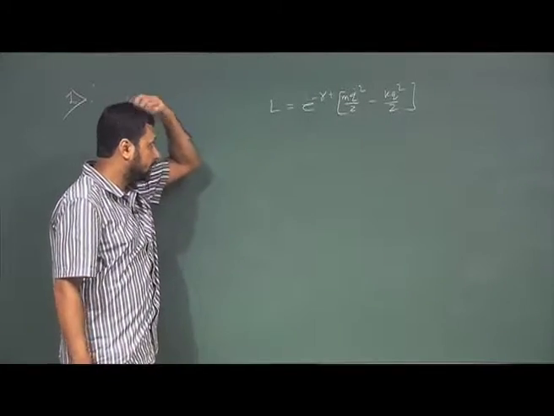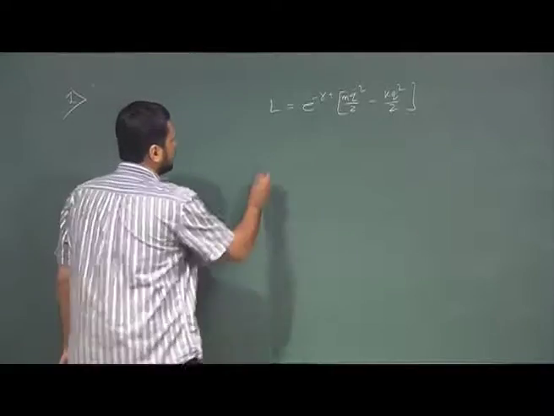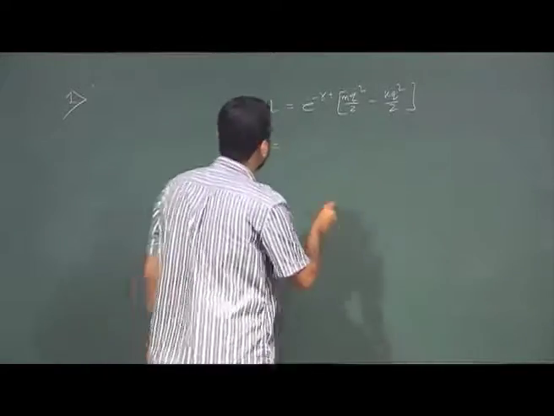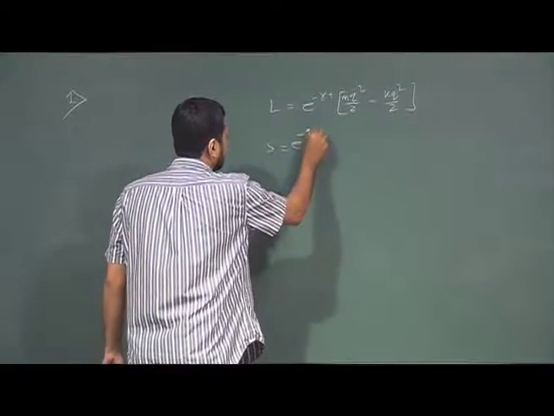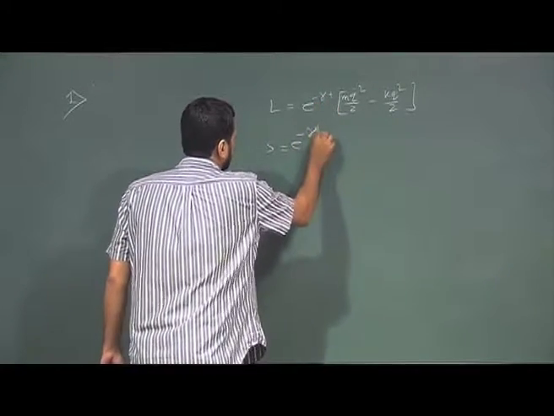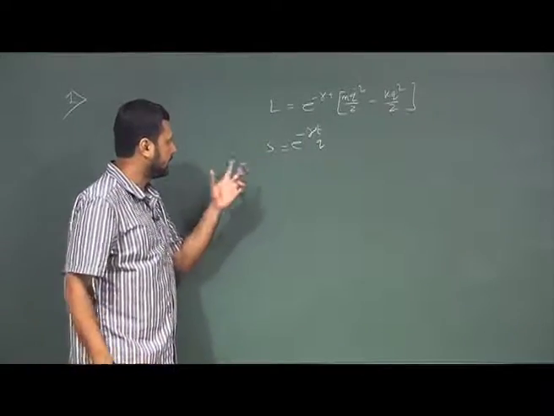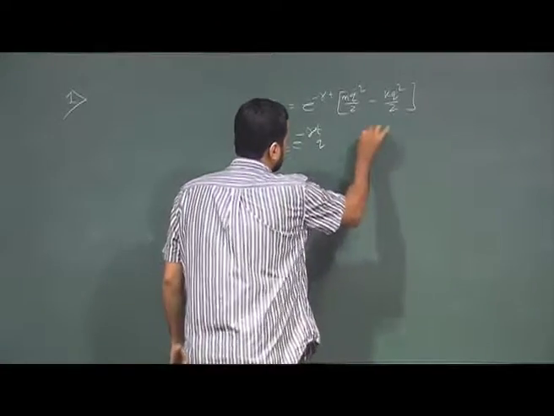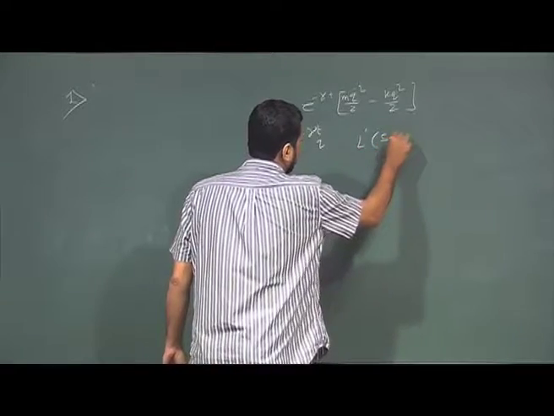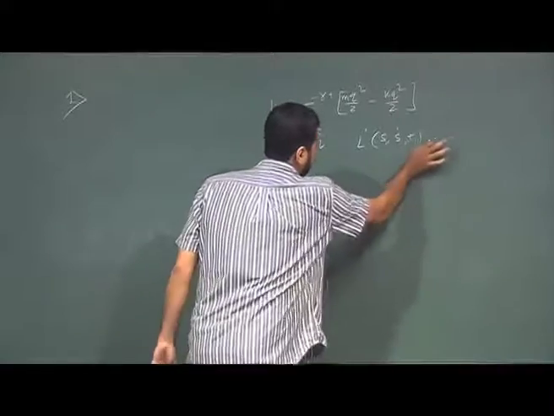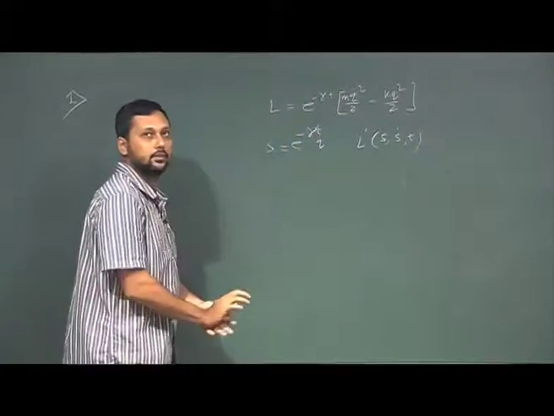Now, there is a point transformation S, which is e to the power minus gamma t q. So, we have to find out L prime, which is a function of S, S dot, t. This is our objective.